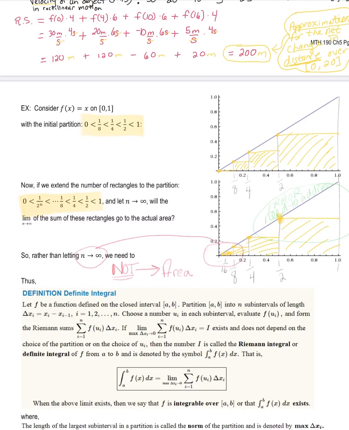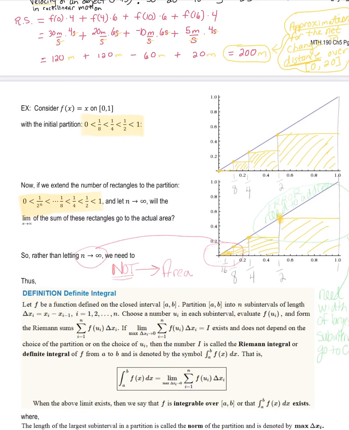We're going to say, okay, well, rather than letting the number of rectangles go to infinity, what we really need to do is let the width of the largest rectangle, or your book's subinterval, get smaller and smaller and smaller.